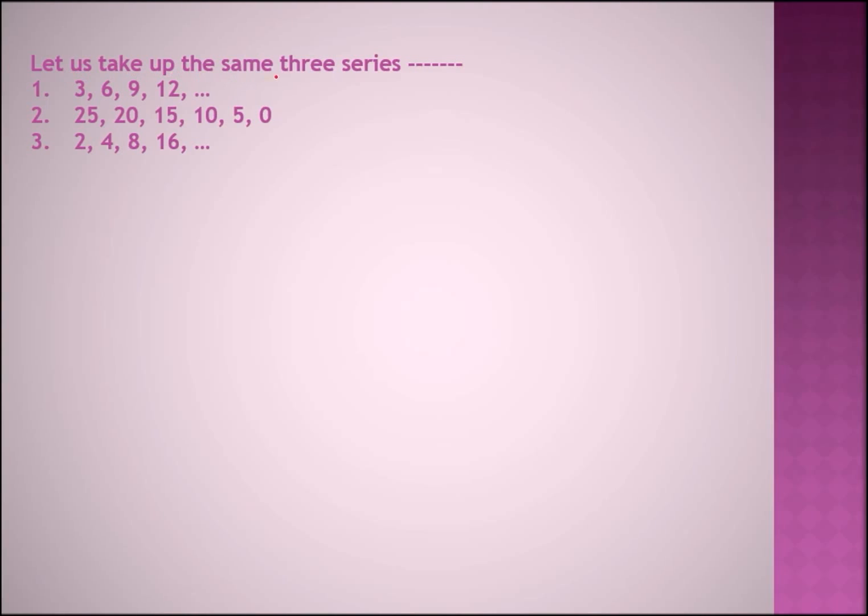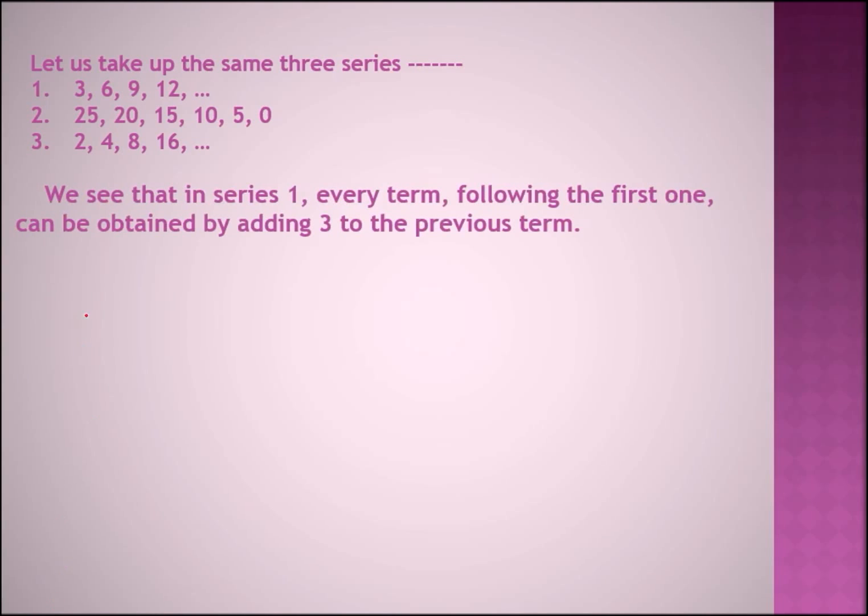Now let us take up the same three series, 3, 6, 9, 12 and so on. The second one is a finite series, 25, 20, 15, 10, 5, 0 and it ends. And this is again an infinite series, 2, 4, 8, 16 and so on. Now we see that in series 1, leaving the first term 3, every term can be obtained by adding plus 3 to the previous term.